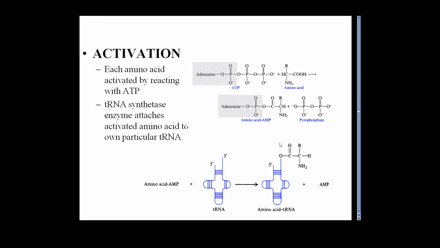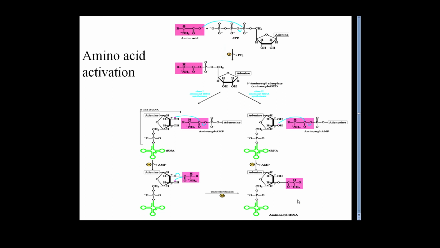Later it will lead to interaction with transfer RNAs. You can see the carboxy group and ATP minus pyrophosphate, and binding of phosphate with the carboxy end. And later interaction with transfer RNA.